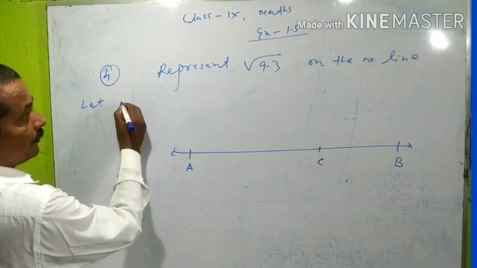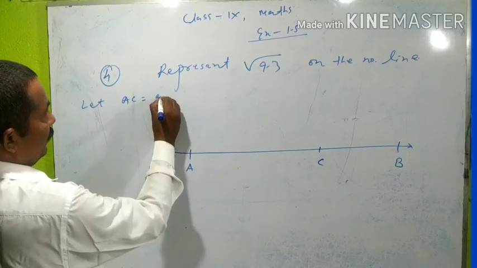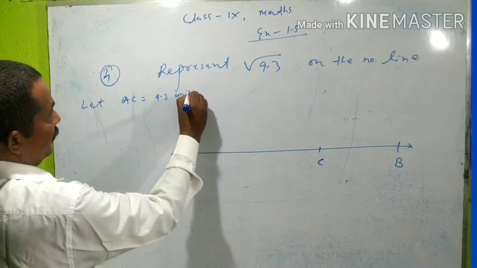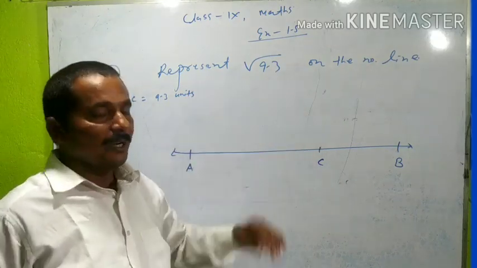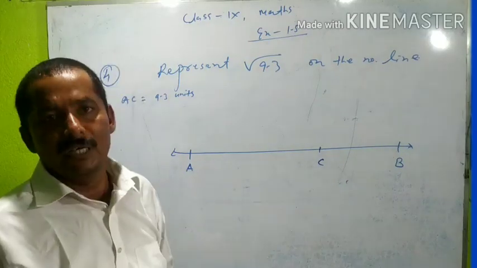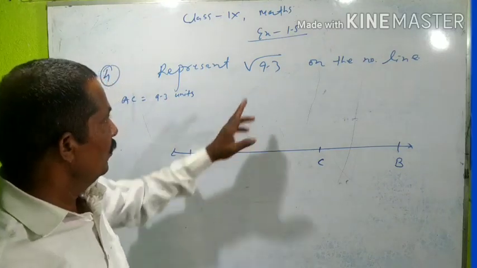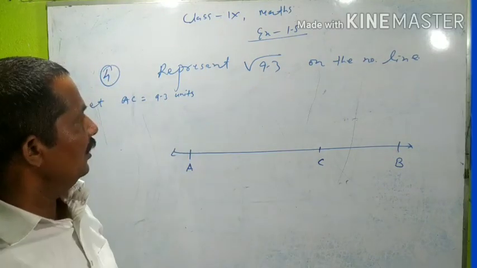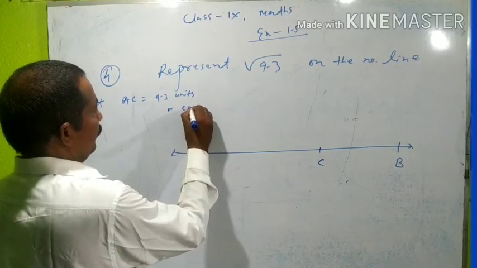Let AC be equal to 9.3 units. 9.3 units means 9.3 centimeter or inch or any unit you can take. It will take on your own convenience. So 9.3 units you will take here now, or cm.